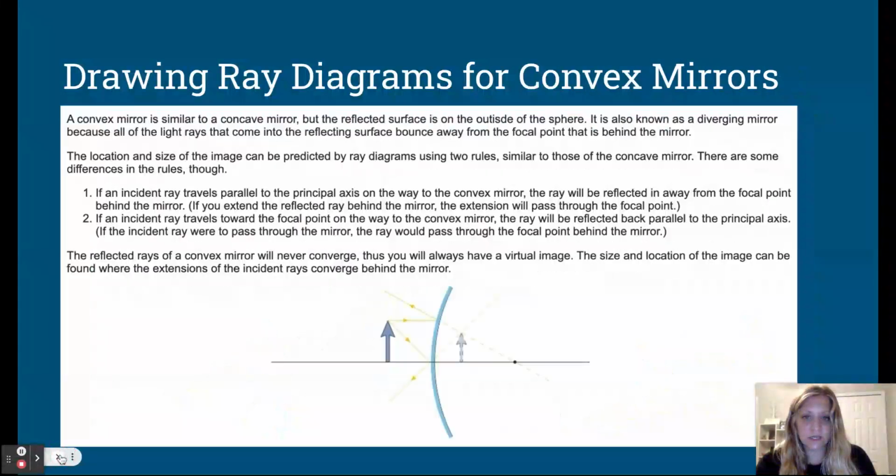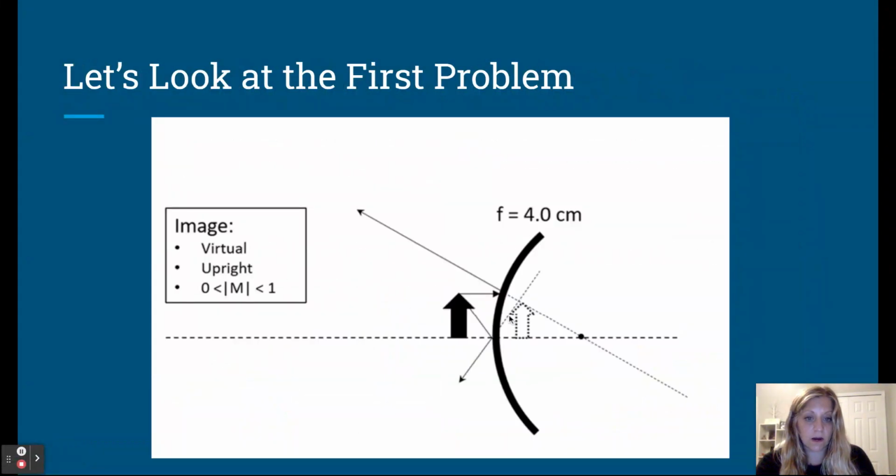And that is represented in our ray diagram here. The only thing we have left to do, after we put in the object and its distance, the image and its distance, the focal point, and the magnification, is to draw our rays. Remember, whenever we draw our rays, we always start at the object. We draw the first ray parallel to the principal axis.